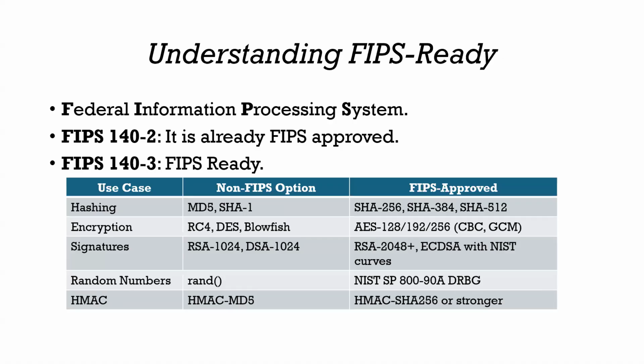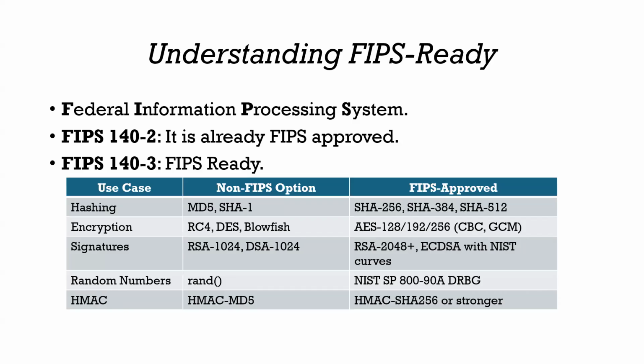One example of cryptography is hashing. We do hashing, we do encryption, we do signatures. For hashing, we used to use options like MD5, SHA-1, SHA-256, SHA-384 or SHA-512.